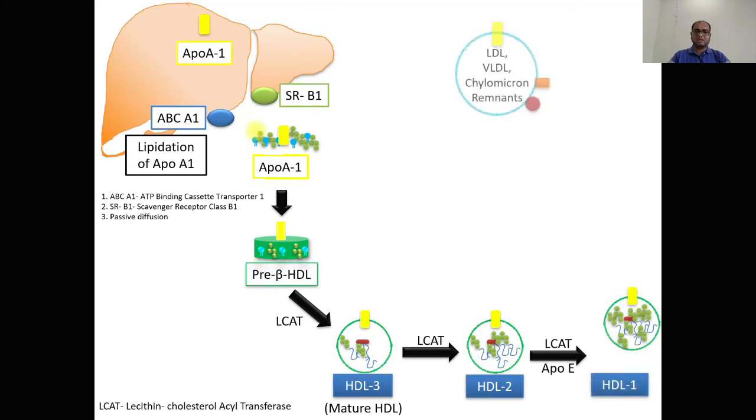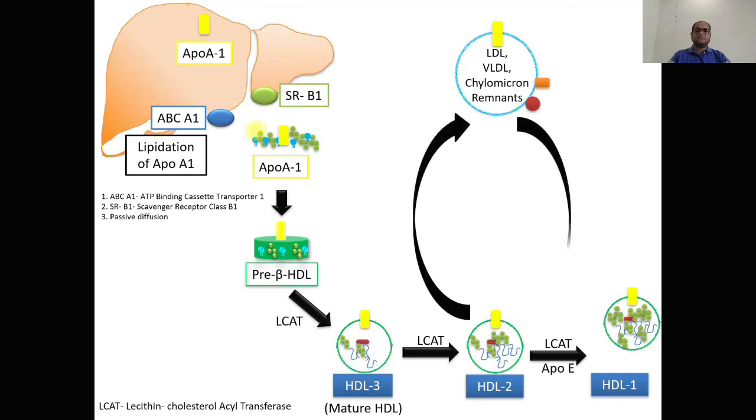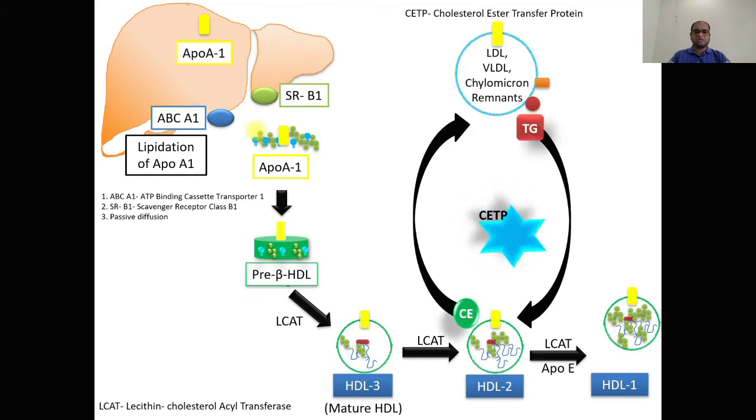Now in between here, whatever ApoE and B components are there, with the help of cholesterol ester transfer protein, they are going to transport the cholesterol ester and in turn take up the triglycerides. So this HDL2 goes back into the liver for the digestion or metabolism part.